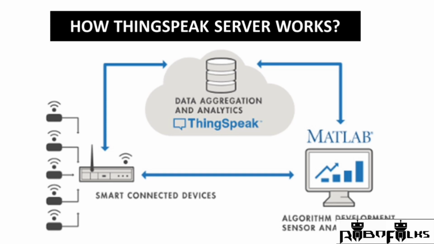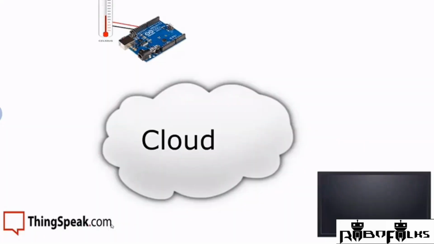Now we will see how the ThingSpeak server works. So we have a sensor connected to a microcontroller used to collect data, and here ThingSpeak acts as a repository or database. And somewhere is my user interface to retrieve or see data. All this is connected through the cloud.